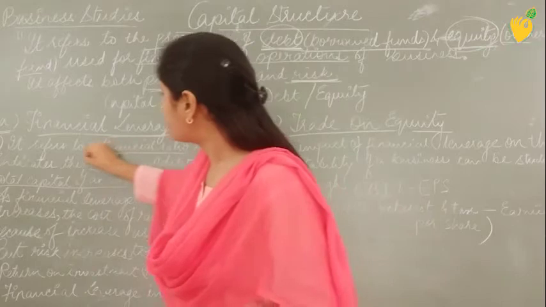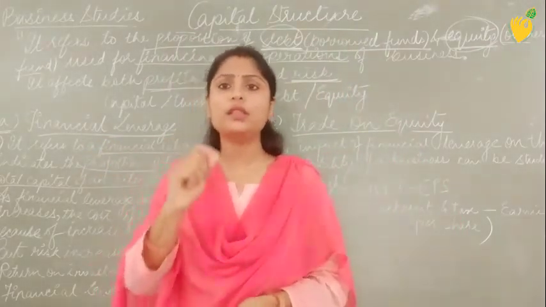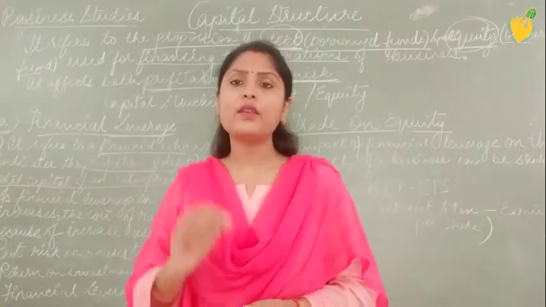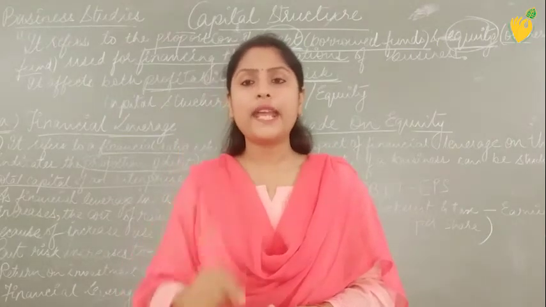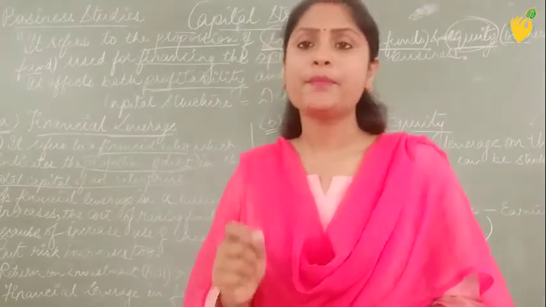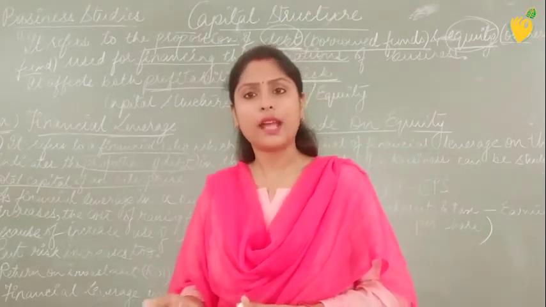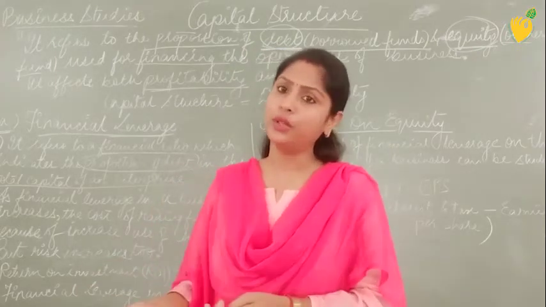That means the proportion of debt. Let's take an example: if the organization's total capital is 10 lakh rupees, then how much amount has been obtained from debt and how much from equity? If debt is 8 lakh and equity is 2 lakh, that can be the proportion in one company, that is 8:2, right?